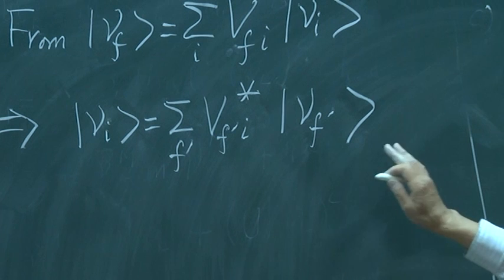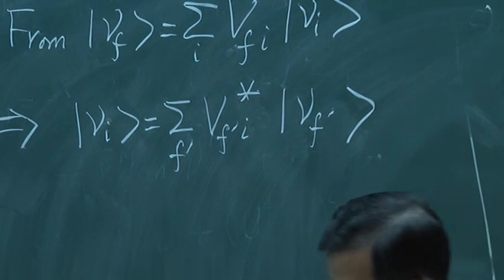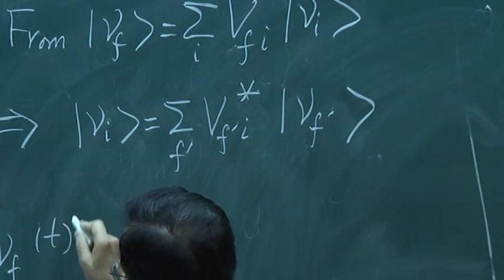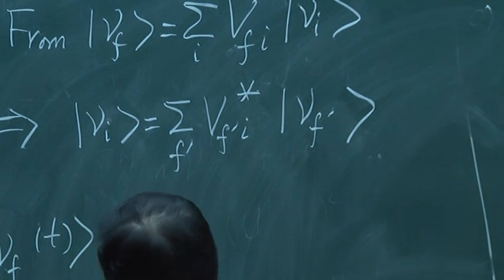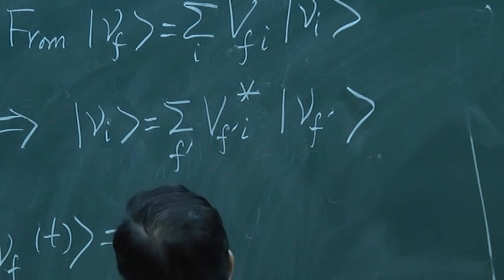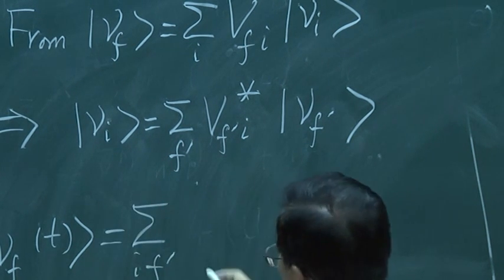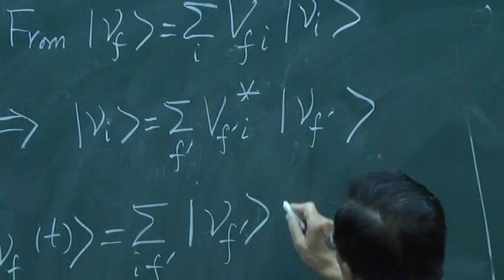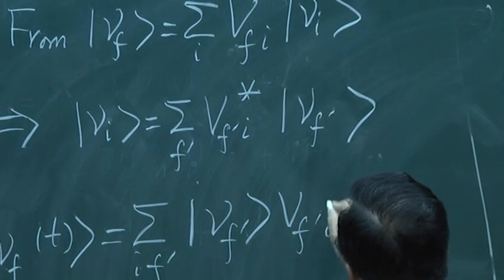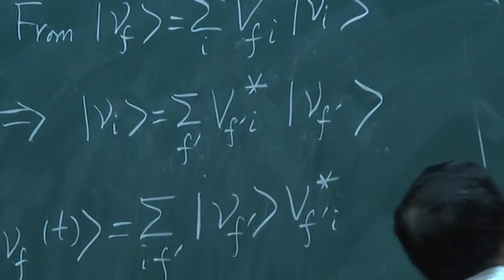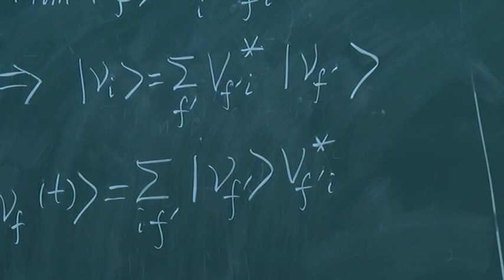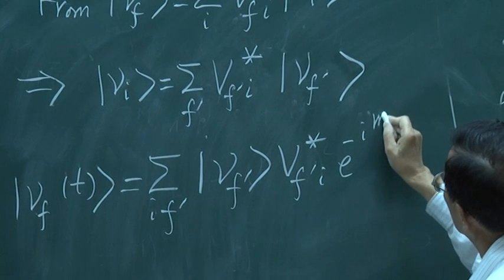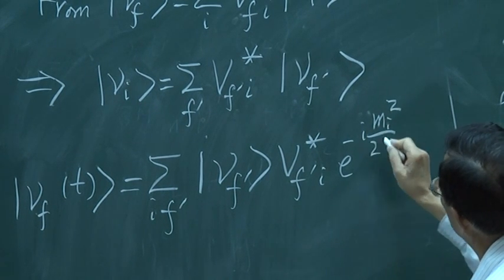Okay, so we can put this in there, and then nu f of t equals the sum over i and f prime, and then I have this nu f prime here, and then I have these matrix elements, V f prime i complex conjugate, and then I have the two factors, right? I have e to the minus i m i squared t divided by 2p.